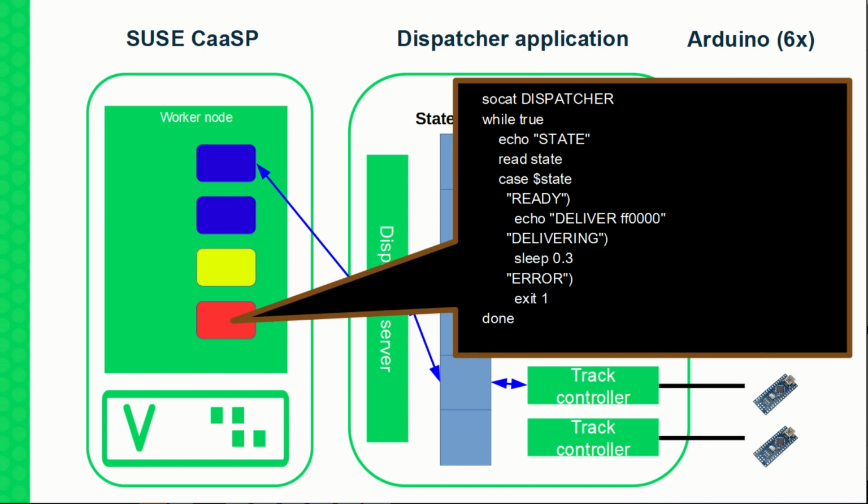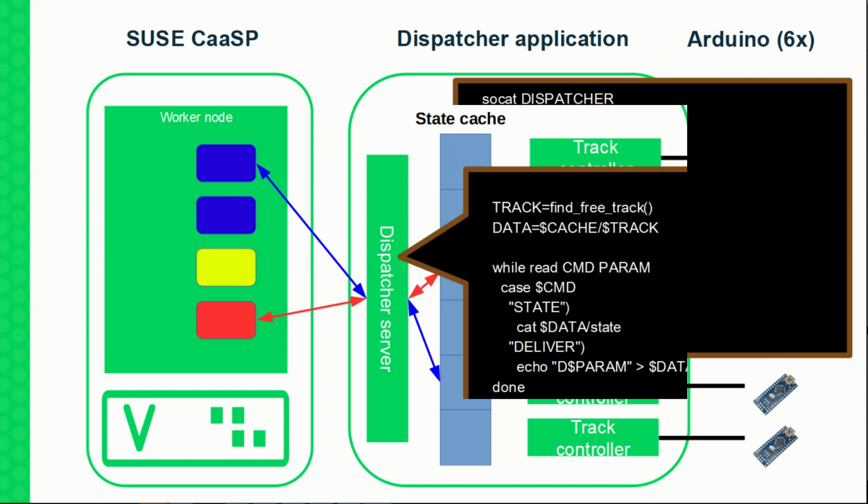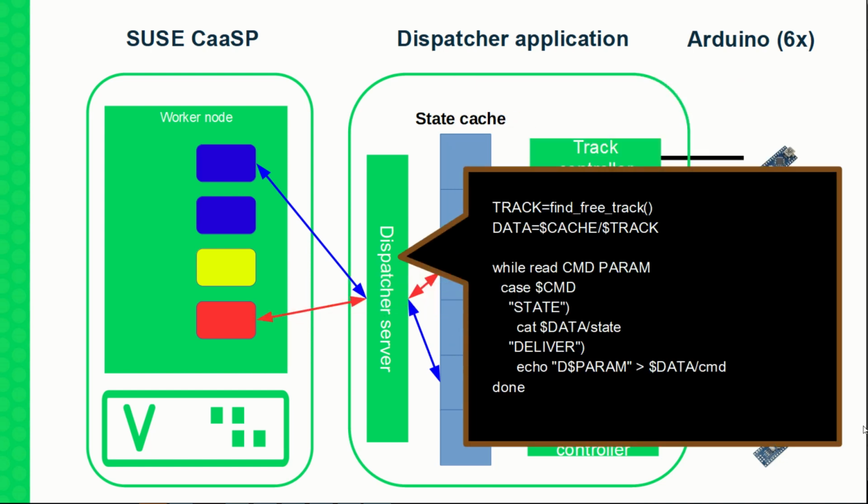It's a simple code where we check the state of the line, and we deliver a particular color, meaning that we send the train and display the color of the container on the LED stripe of diodes. We regularly check for the state. If the state is error, then we shut down the container, and SUSE CaaS Platform creates a new one.